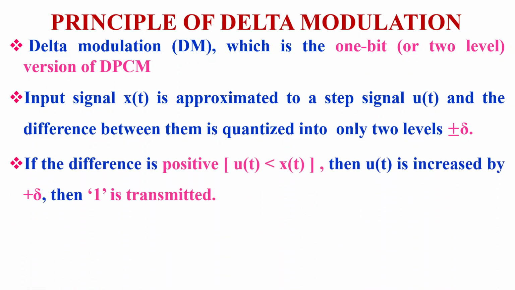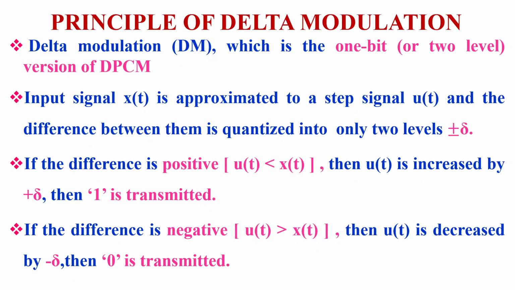When the approximated signal u of t is less than x of t, it means the difference is positive, then u of t can be increased by plus delta and thereby 1 is transmitted.